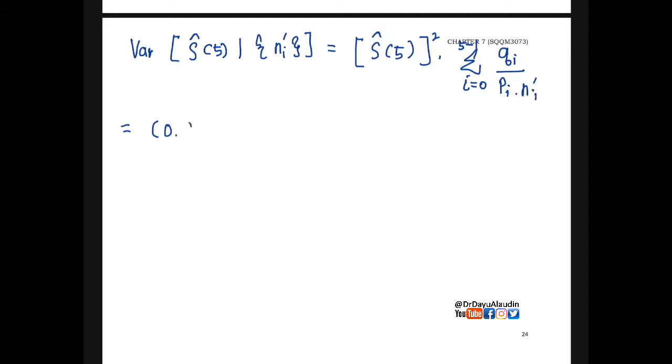So you take the estimation from the previous answer. So the summation from Q0 until Q4.